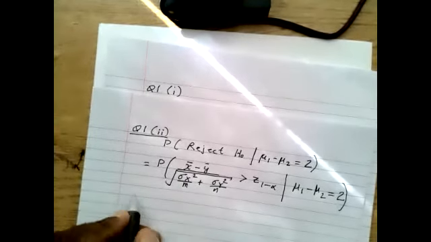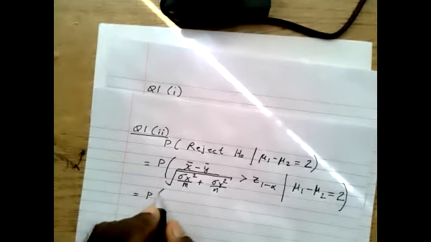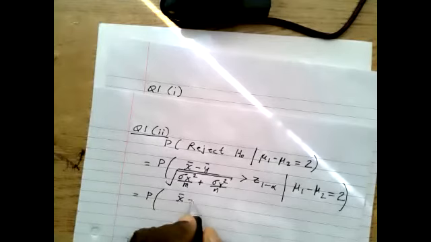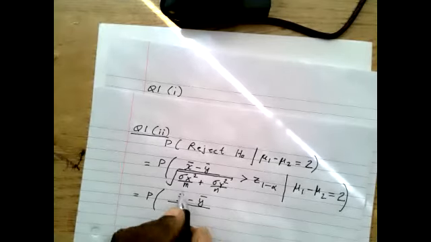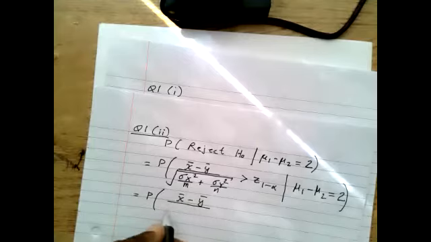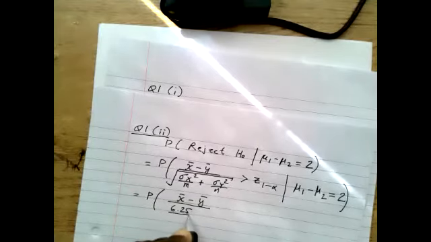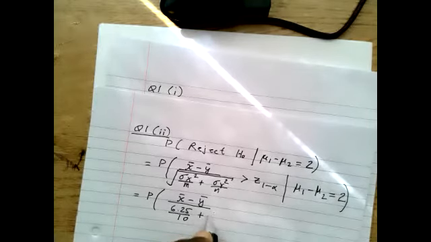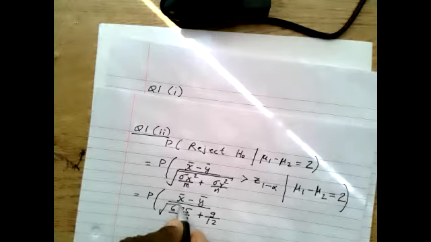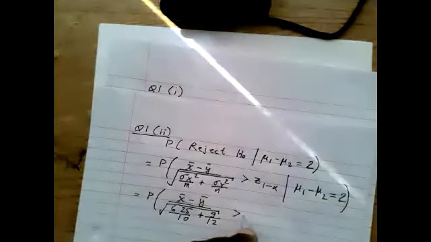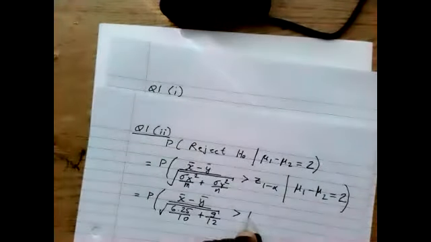Now putting in the numbers, the question says that sigma x squared is 6.25, m is 10, sigma y squared is 9, n is 12.